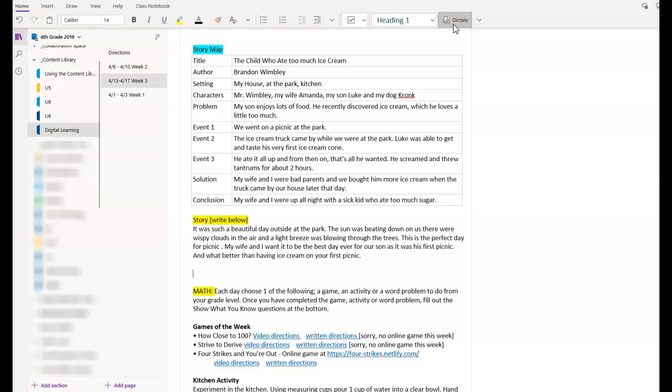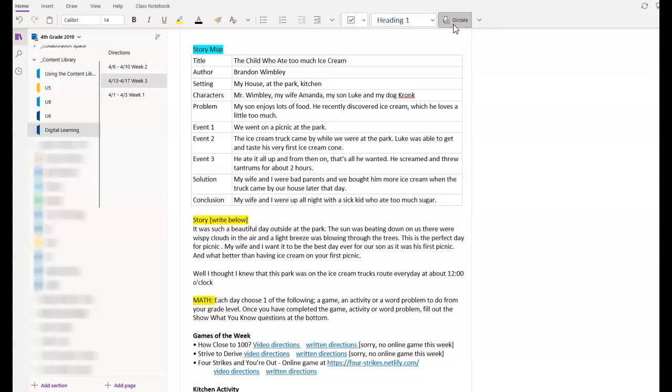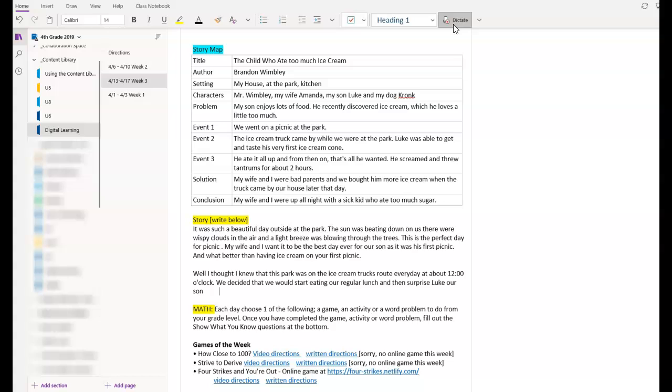My wife and I knew that this park was on the ice cream truck's route every day at about 12 o'clock. We decided that we would start eating our regular lunch and then surprise Luke, our son, with the ice cream when we heard the truck's music playing through the air.